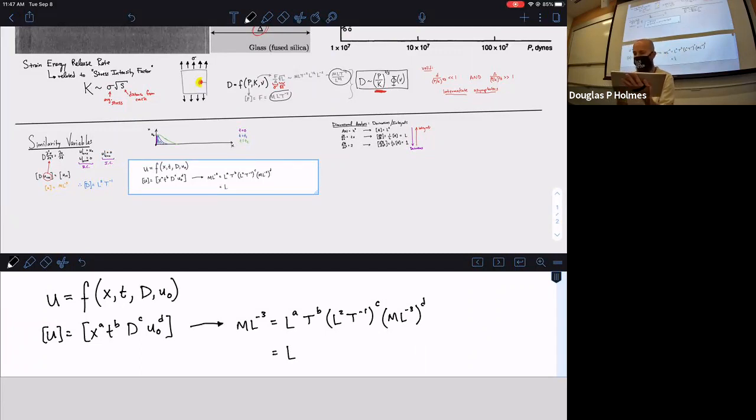And so I have length appears as A plus 2C, from the diffusion coefficient, and then minus 3D, from the concentration. Time appears as B minus C, and mass appears only in D.